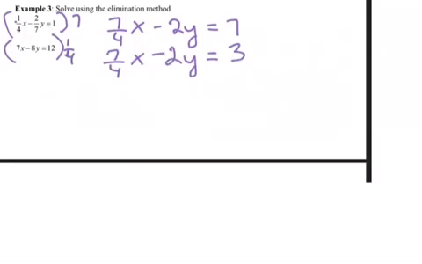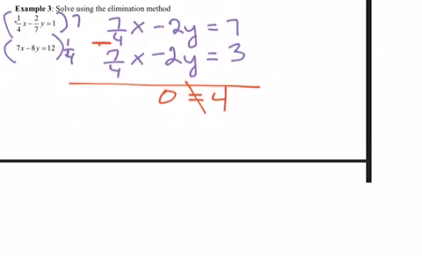So again, I choose, am I going to add or subtract to get the x's to cancel out? So I'm going to subtract in this case, since 7/4 minus 7/4 gives me 0, to get the x's to eliminate. Then I get negative 2 minus negative 2, so negative 2 plus 2. So I get 0 equals 7 minus 3, which is 4.